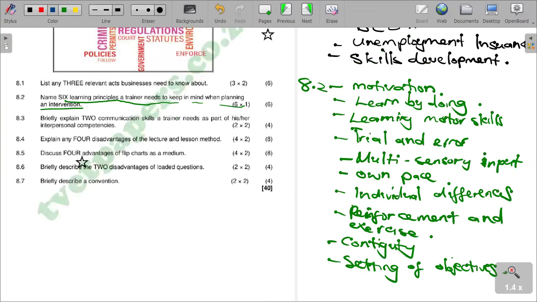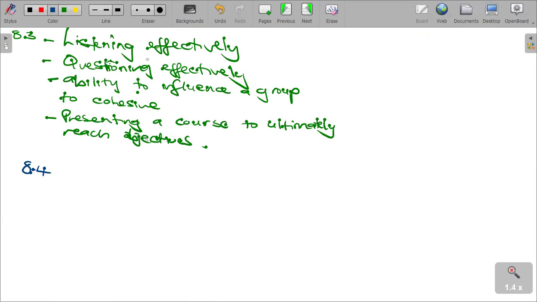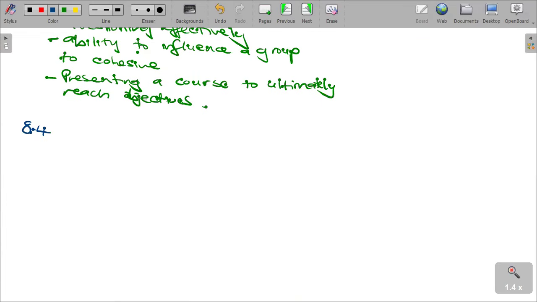Question 8.4. Explain any 4 disadvantages of the lecture and lesson method. One, you can find that lectures limit participation of learners.